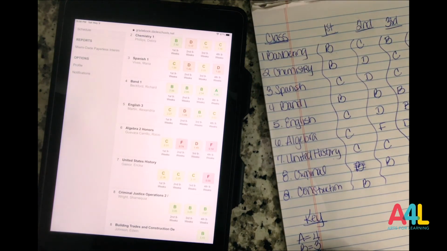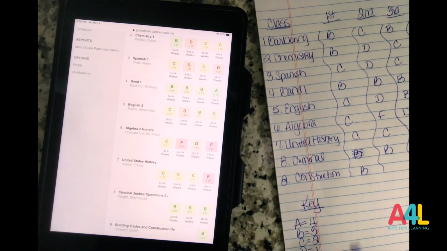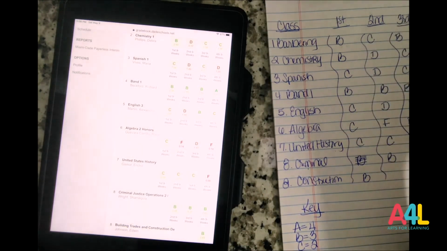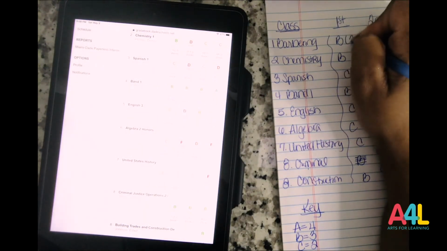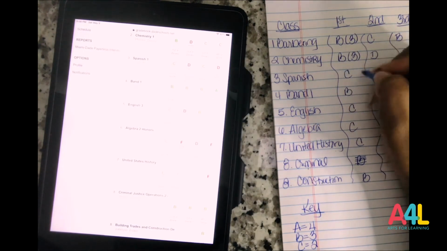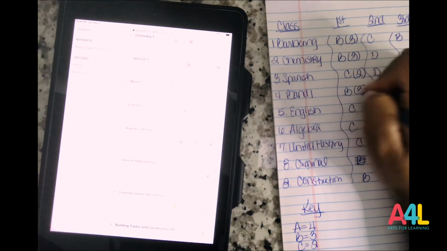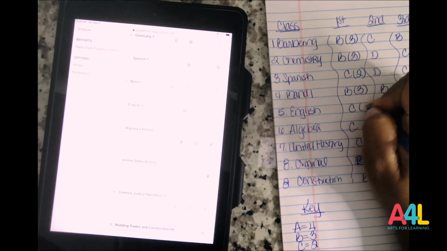So if you notice on the sheet here, a B is 3 points. So what am I going to do? I am going to now go and put some points down on every grade that I received. So a C is 2 points, a B is 3, and I want you to do the same on your sheet of paper.